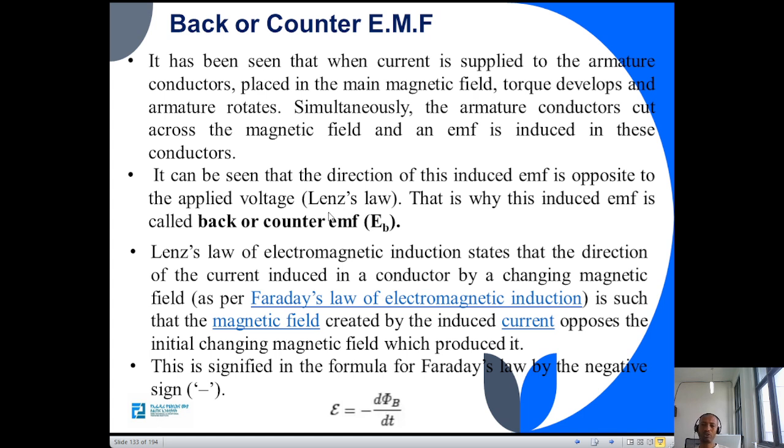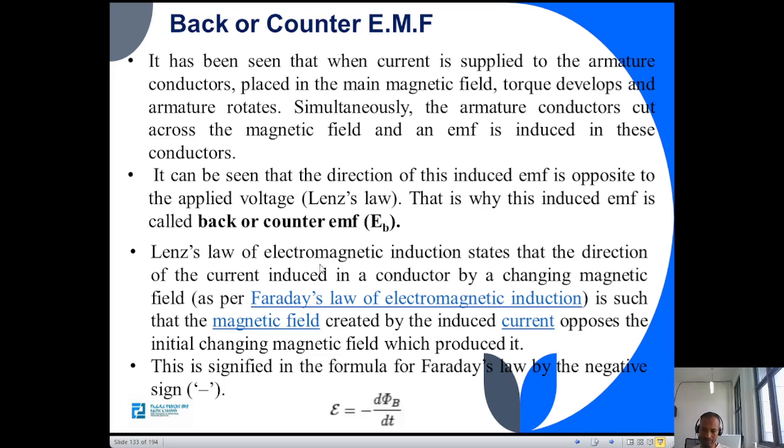There is a person called Lenz; Lenz's law is named after him. He investigated this, of course it was coming from Faraday's law. What he said, electromagnetic induction states that the direction of the current in a conductor induced by a changing magnetic field is such that the magnetic field created by the induced current opposes the initial changing magnetic field which produces it.